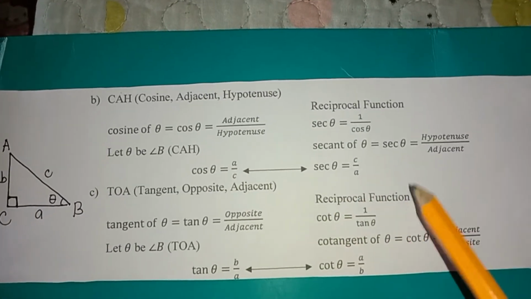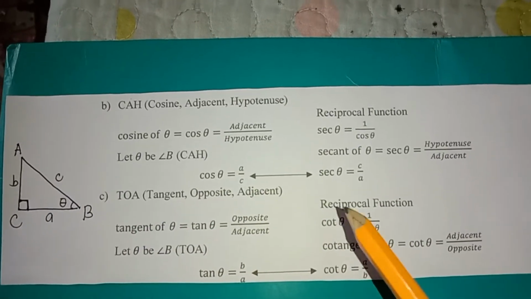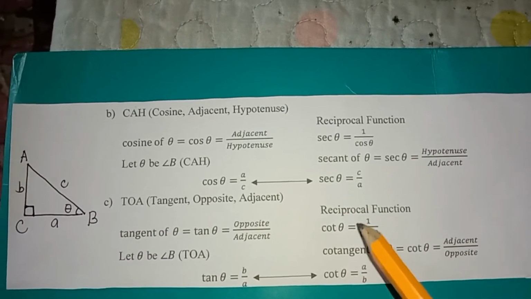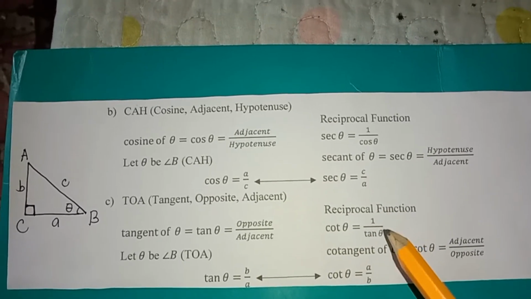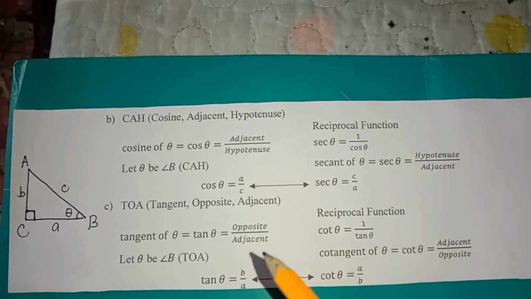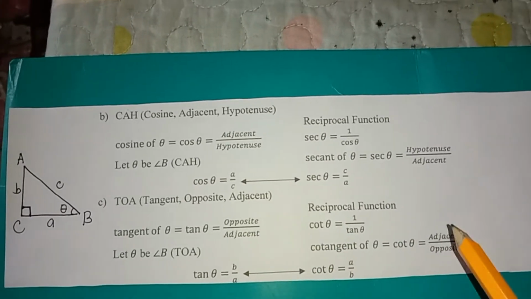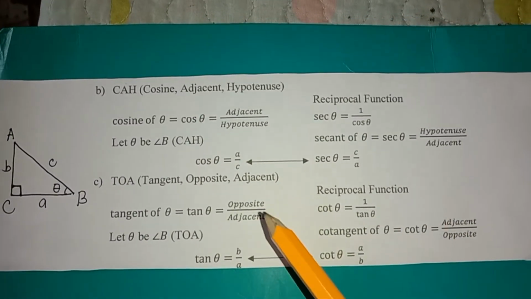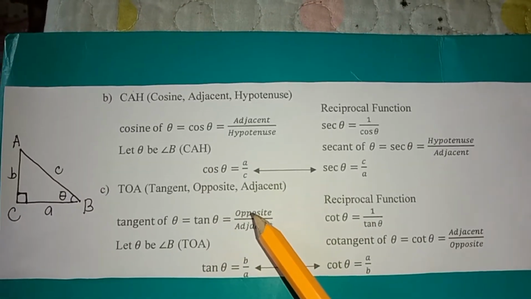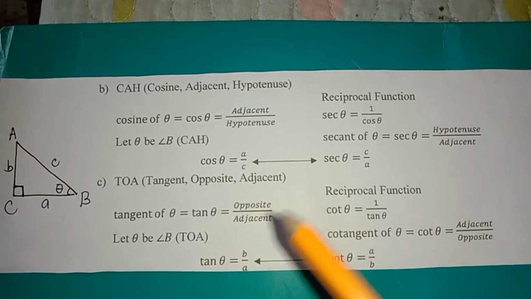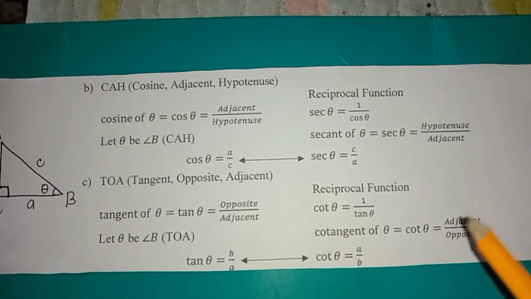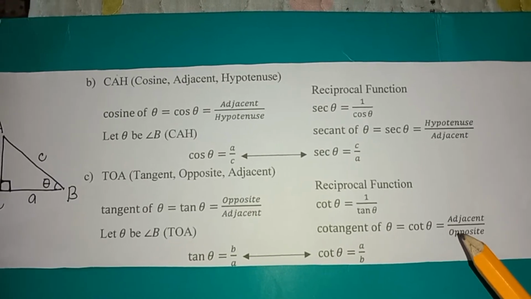And its reciprocal function sa tangent is cotangent. So cotangent of theta is equal to 1 over tangent theta. So ang cotangent of theta, bali siya sa tangent, adjacent over opposite. So kung sa tangent of theta, opposite na sa numerator, adjacent sa denominator, while sa cotangent, ang adjacent na sa numerator, opposite na sa denominator.